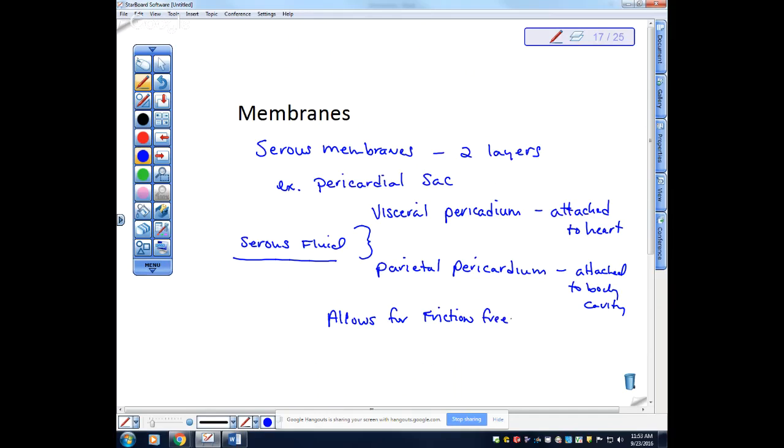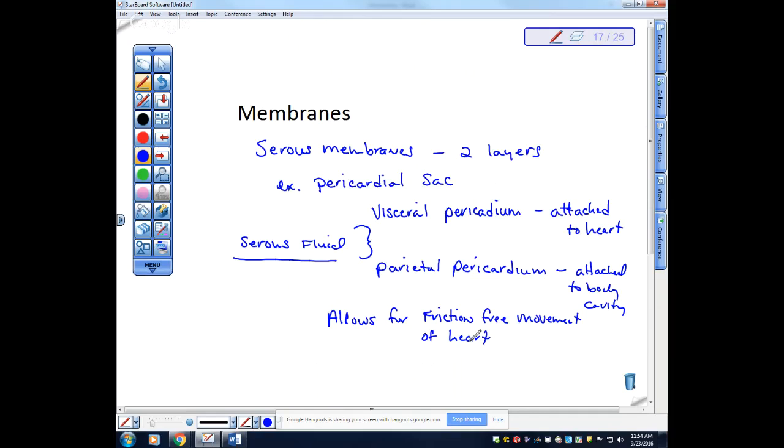Our lungs have a separate one, which is called the pleural cavity or the pleural sac. Then our abdominal organs also have a separate one, which is called the peritoneum. Okay, so it allows for friction-free movement of the heart.